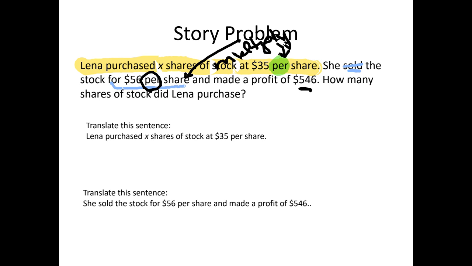Now, this one, translate this sentence. Now we're going to do it sentence by sentence. Lena purchased X shares of stock at $35 per share. That means we have 35X. That's what that first statement is meaning.